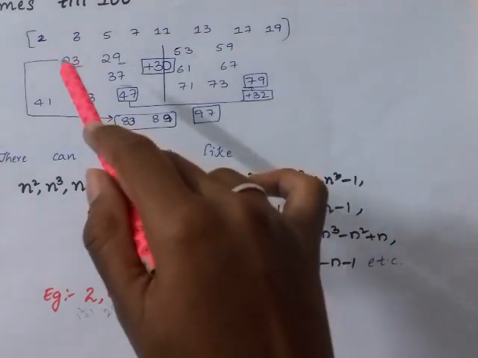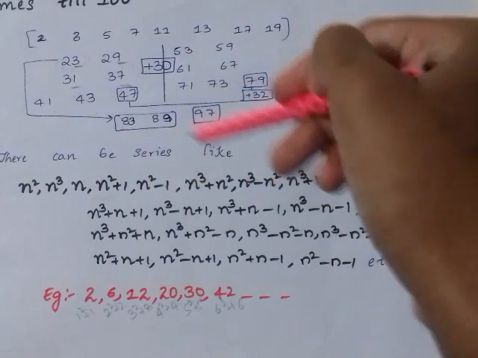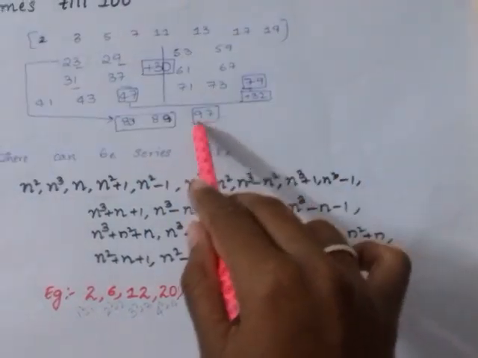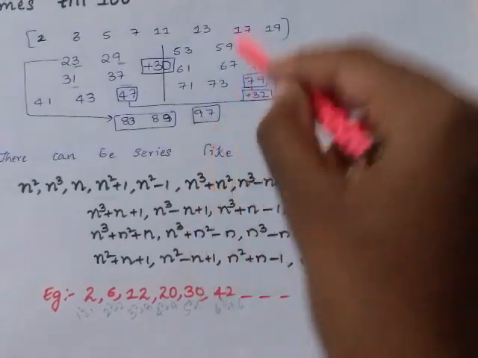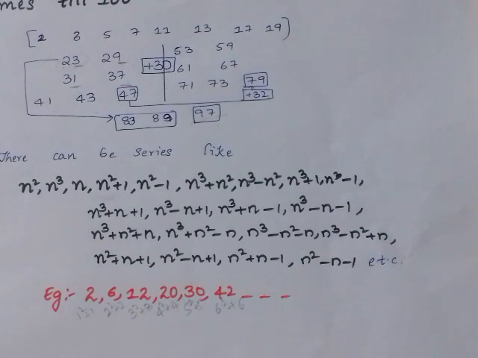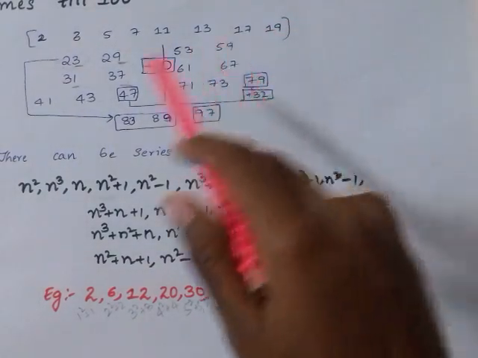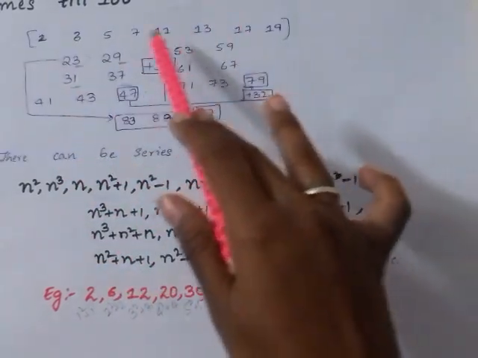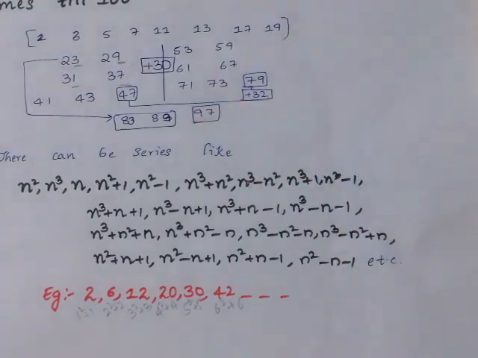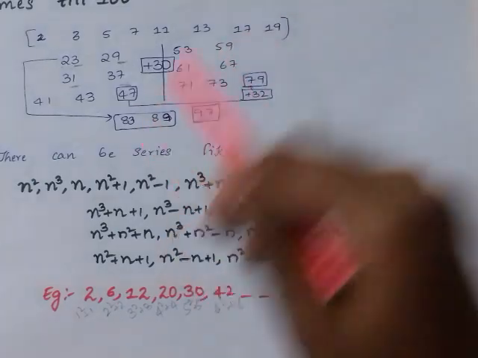Again, this follows the same series. 23 plus 60 gives 83, and 97 is the only prime in a complete decade of numbers, that is from 90 to 100, only one prime is there. So there are no such cases in any other decade from the start to the end.